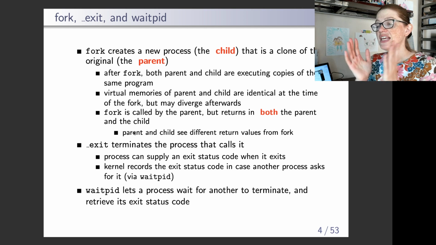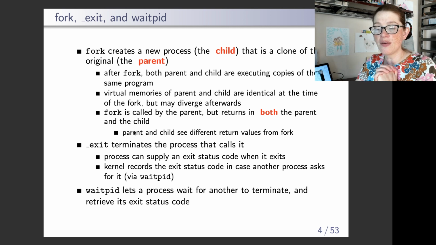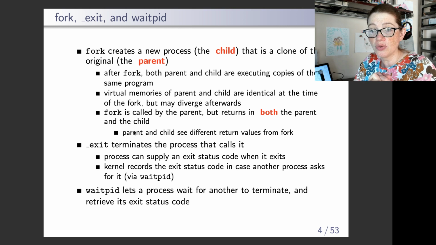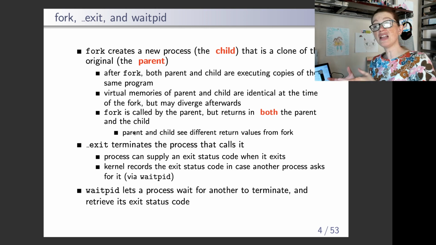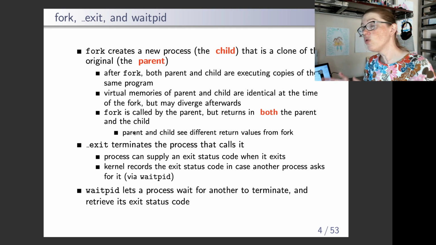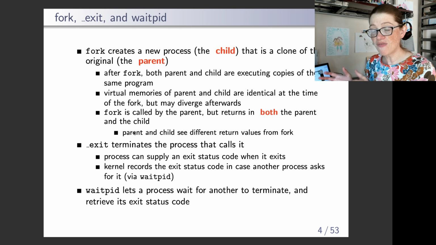Now, here's a question I get asked every single term. What happens to the child process if the parent terminates? And while it might be morbid to think about, it is a good example: if your parent dies, what happens to you? You are an isolated, separate being who goes on living. You might be very sad, but you're going to go on living.